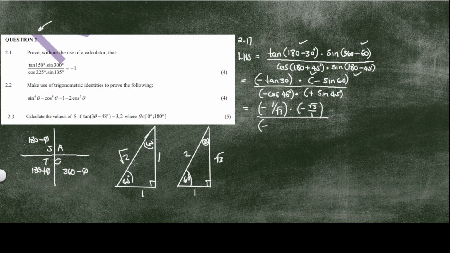Multiplied by sine 45, which is also 1 over square root 2.